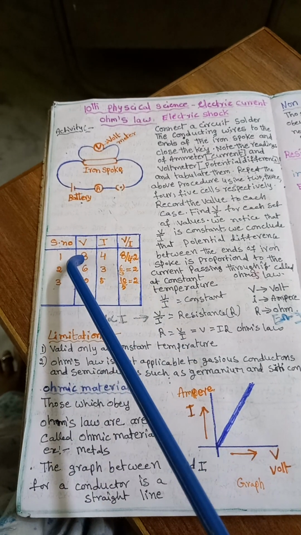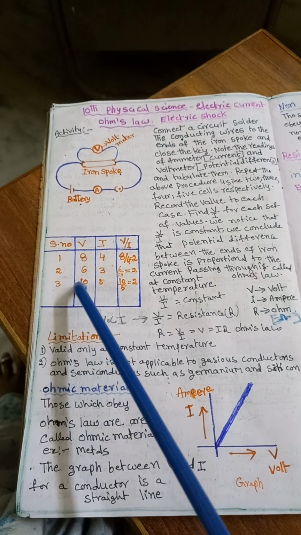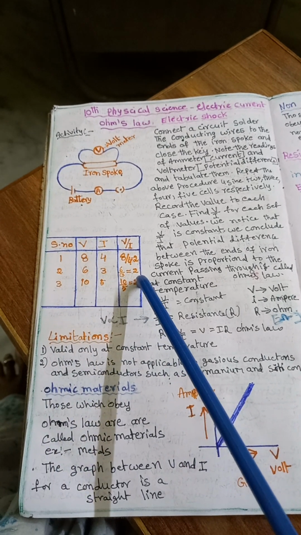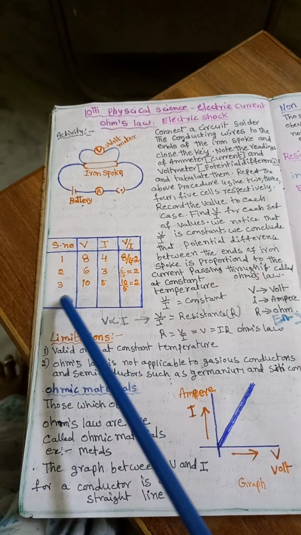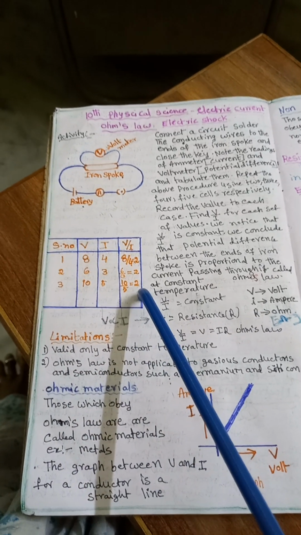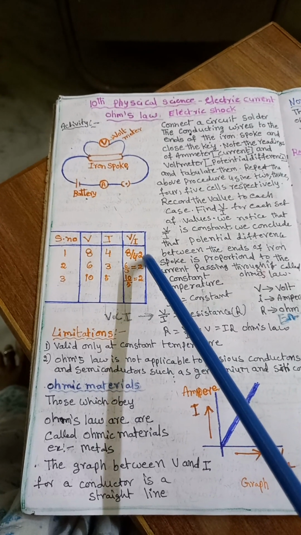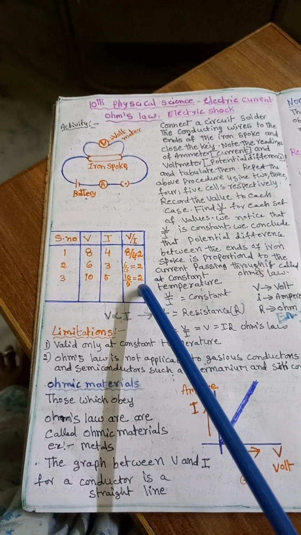So with one cell used we get 2, with 2 cells used we get V by I equal to 2, and with 3 cells used we get V by I equal to 2. So every time the value of V by I is equal to 2.